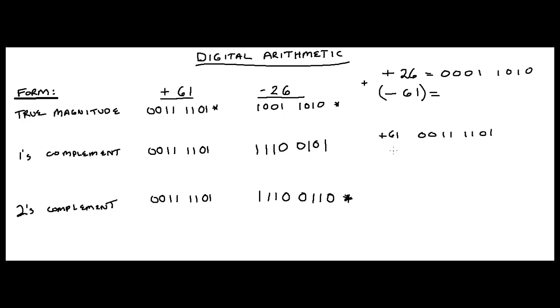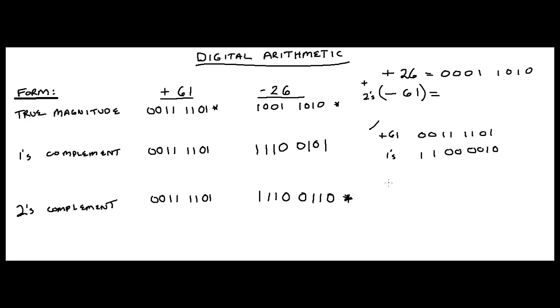Okay, so let's take the 1's complement. We need the 2's complement here, don't we? So first thing we're going to do is we have to find the 1's. So to find the 1's, we write the positive number down, which we just did, and we complement each number, right?